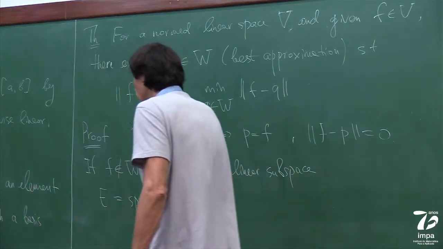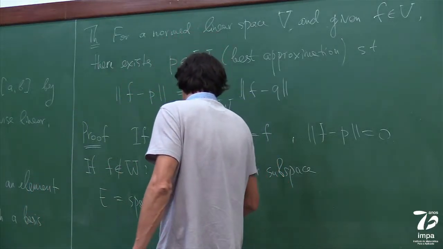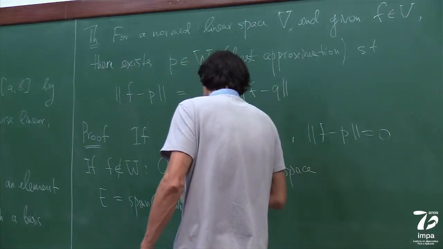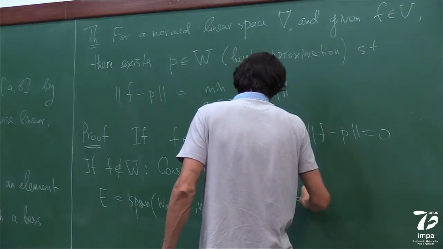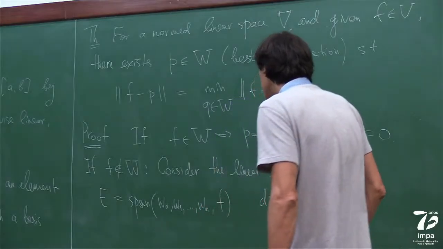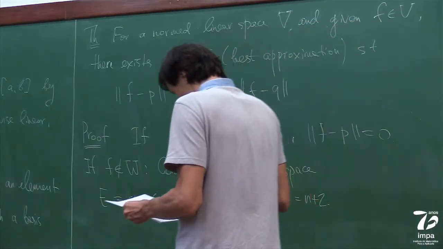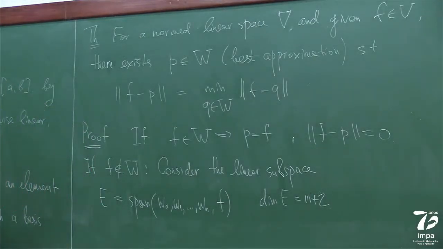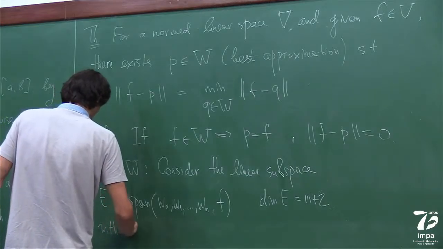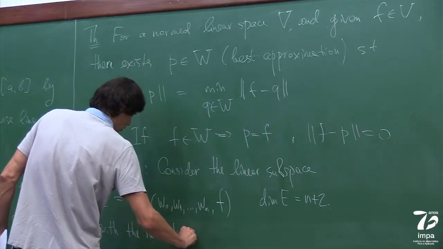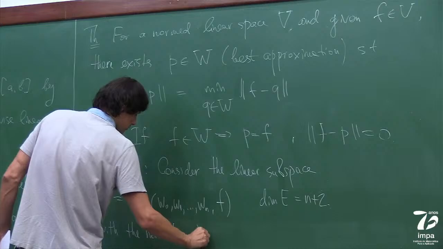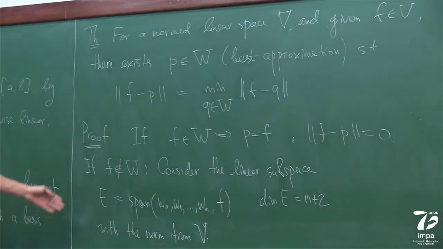So it's the original space plus f. It's a linear subspace of dimension n plus 2, so we added one dimension, with the norm from the original V. You can take the norm from V and just use it in E.